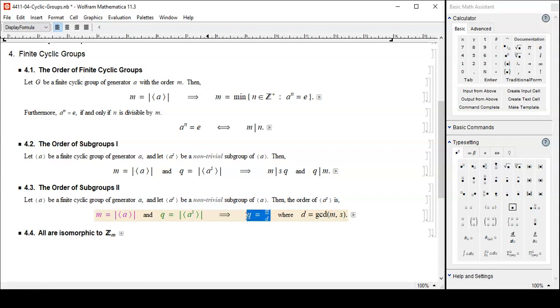Then Q is M over D, as I highlighted here, where D is the greatest common divisor of M and S. M is the order of the original cyclic group, and S is the power of the generator of the subgroup. So M comes from the original, and S comes from the subgroup.